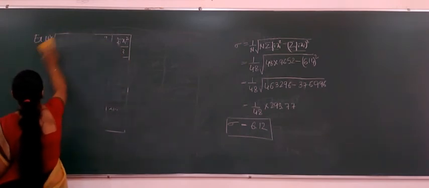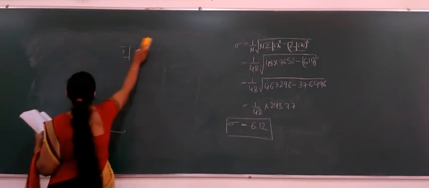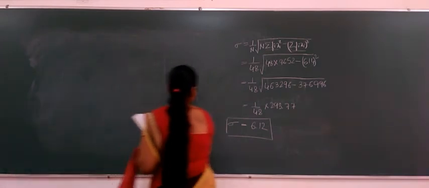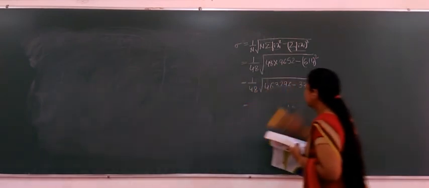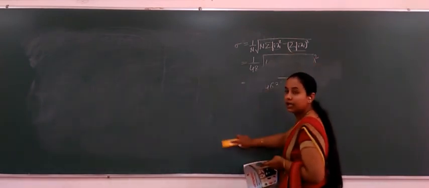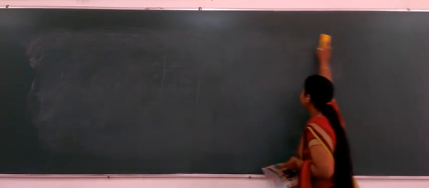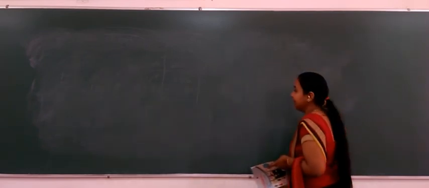It is the same question as example 10. In example 10 we solved it with the regular, direct method. In example 12 the same question will be solved using the shortcut method or step deviation method.